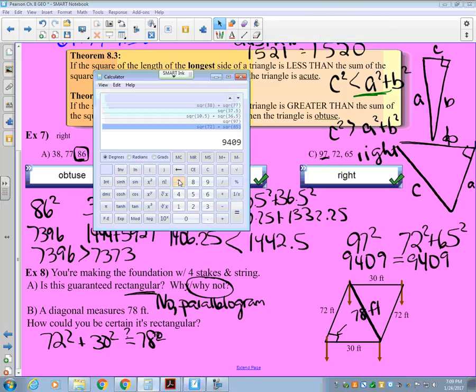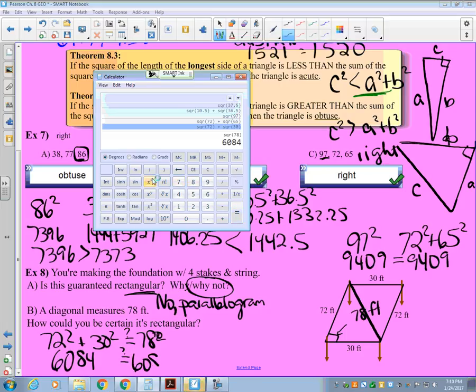We got 72 squared plus 30 squared, and that's 6,084. Does that equal 78 squared? Yes. This is a right triangle.